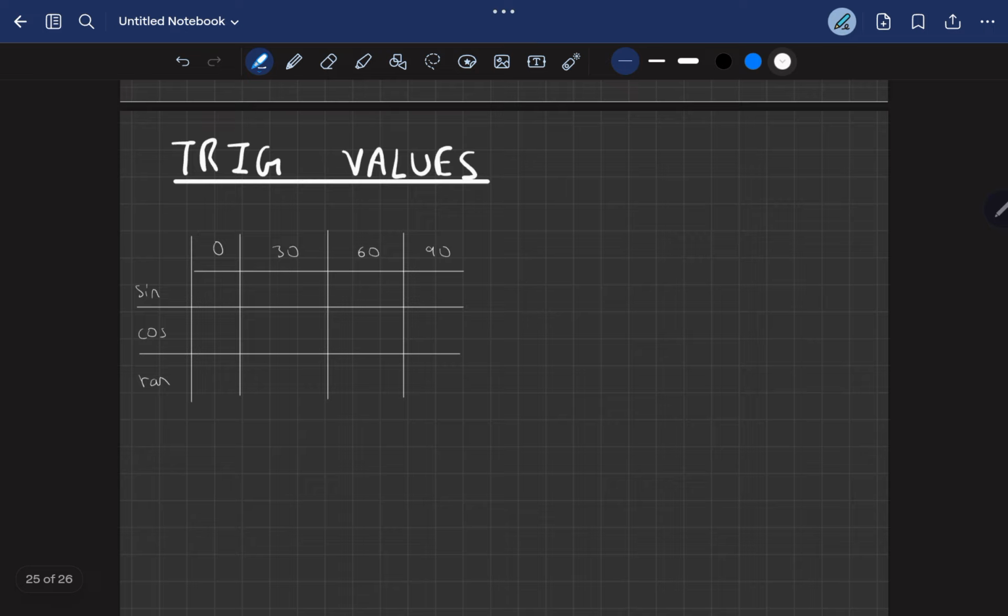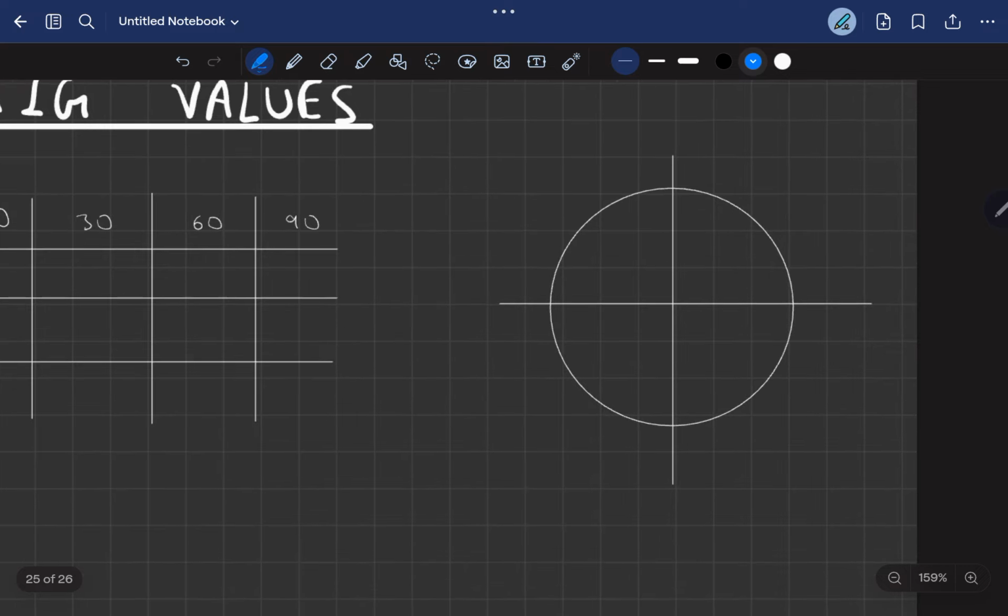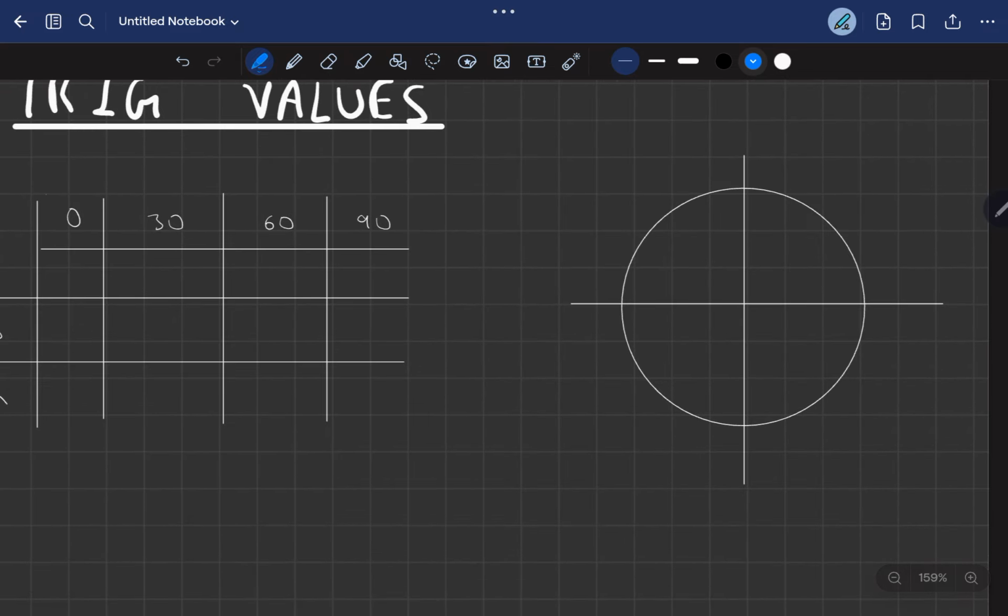Okay, let's start off with 0, and let's first start by drawing a unit circle. If theta is 0, I'm going to draw this in blue. Our line to the circumference is right here. Now what is the adjacent length?